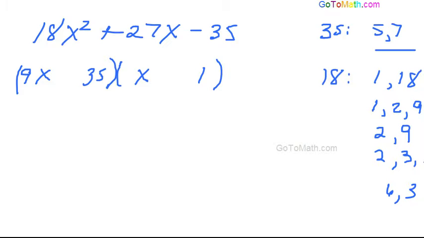No, it's 26. How could that happen to me? 9 times 1 is 9. Let's see, negative 9, 35. Wait a minute, something's not right here. This has got to be 18. This has got to be a 2 here. That's 18. That's 9. Oh, that definitely can't be it.